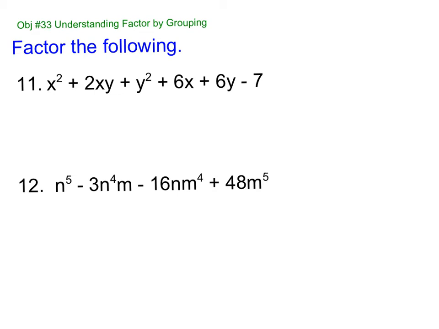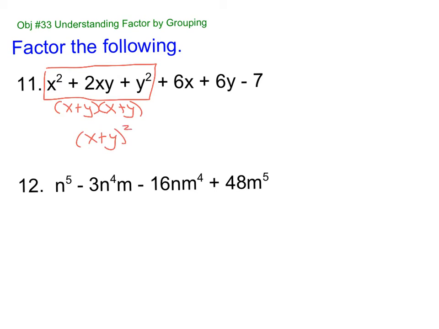Look for things that feel like they go together. So these first 3, for instance, that is a perfect square binomial. That is x plus y times x plus y, which is x plus y squared.